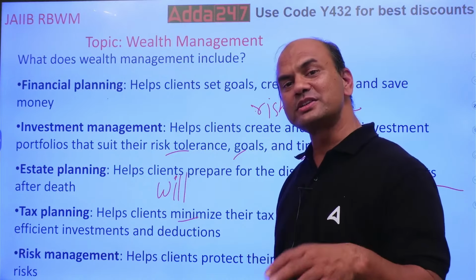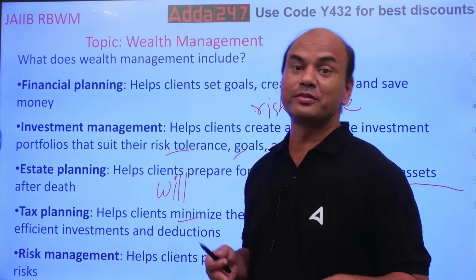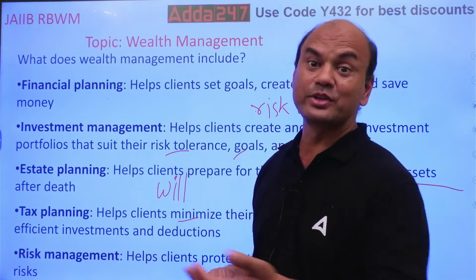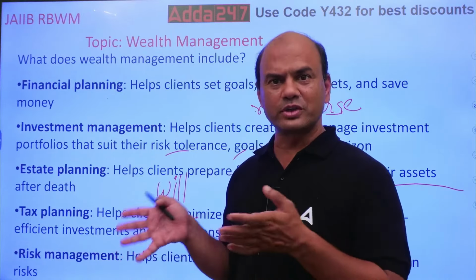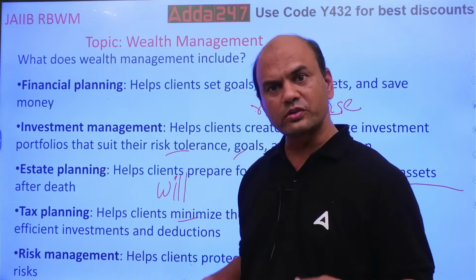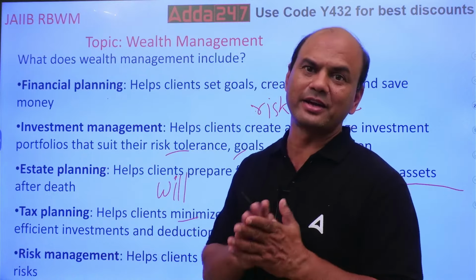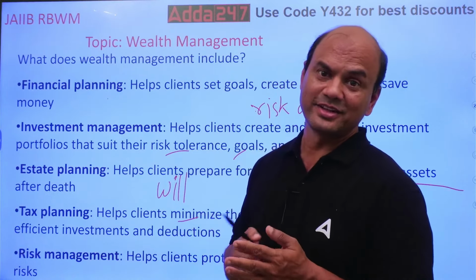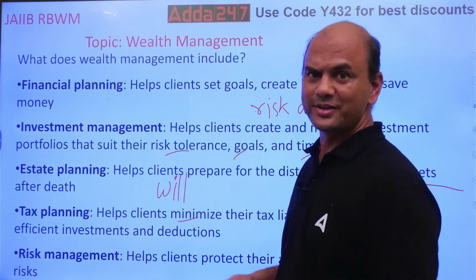Government always wants higher taxes because they want money, and the investor wants to give lesser taxes. He wants his money. Everyone wants money, right? Government also wants money, so it tries to get maximum tax from you. You also want money, so you try to give minimum tax to the government. It's a fight, and then there is a balance. The balance between them is known as the golden rule, right?